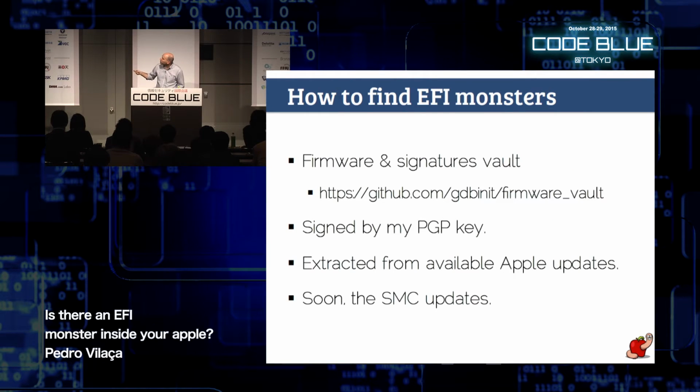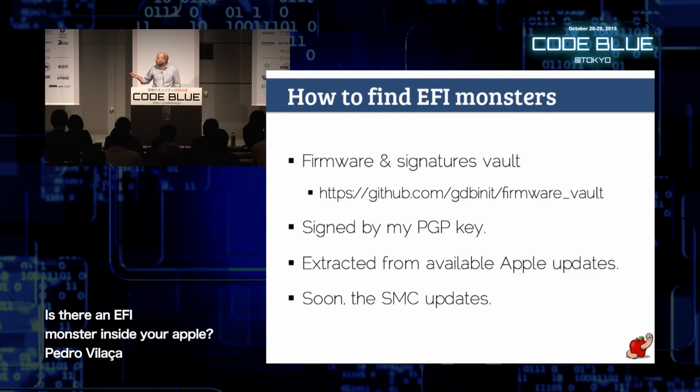If you trust me, I published everything on my GitHub. I was looking for every firmware that exists, and I put it there. I signed those firmwares with my PGP key. So it means that my reputation is at stake. If I put a rootkit here, and if someone finds it, it will be very bad for my reputation.